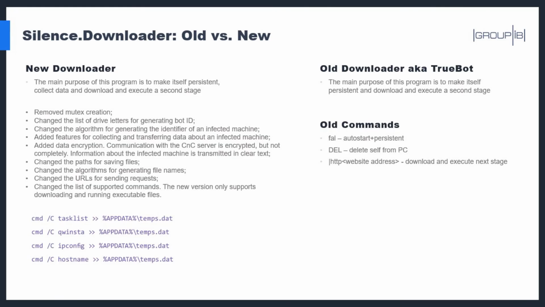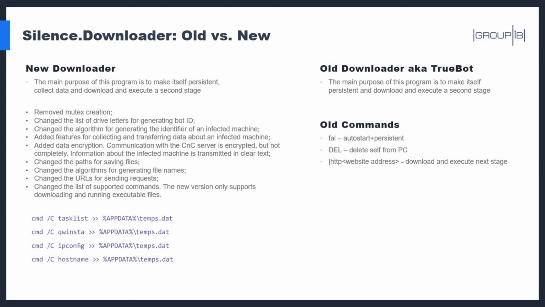Their first stage downloader, Silence downloader, changed drastically, and as a result, some antivirus companies classify these samples as something else, not TrueBot, but the base source code still remains old. The Silence developer changed the list of drive letters for generating the bot ID.